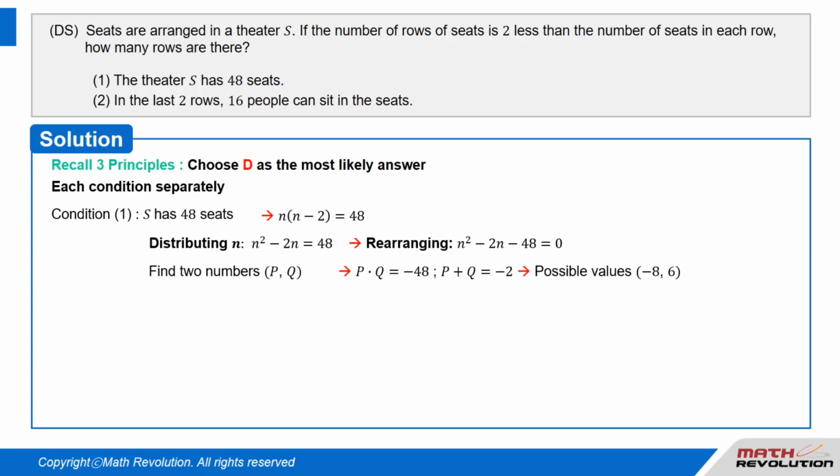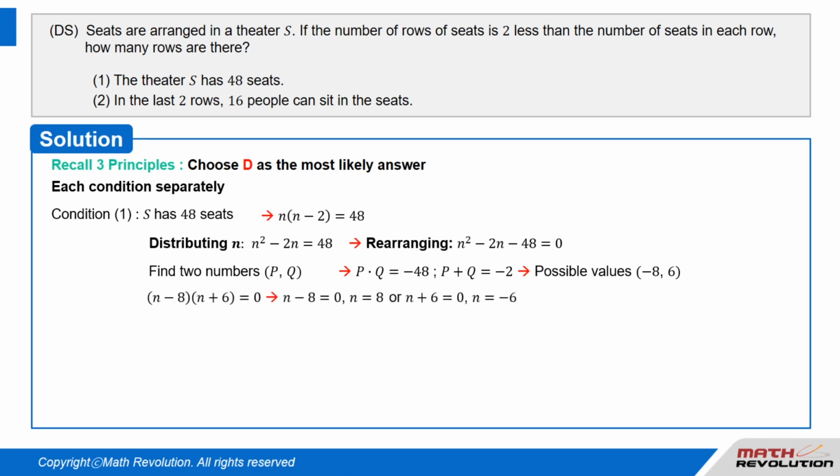We then factor this equation by finding 2 numbers, say p and q, which multiply to p times q equals negative 48, and add to p plus q equals negative 2. Possible values: negative 8, 6.